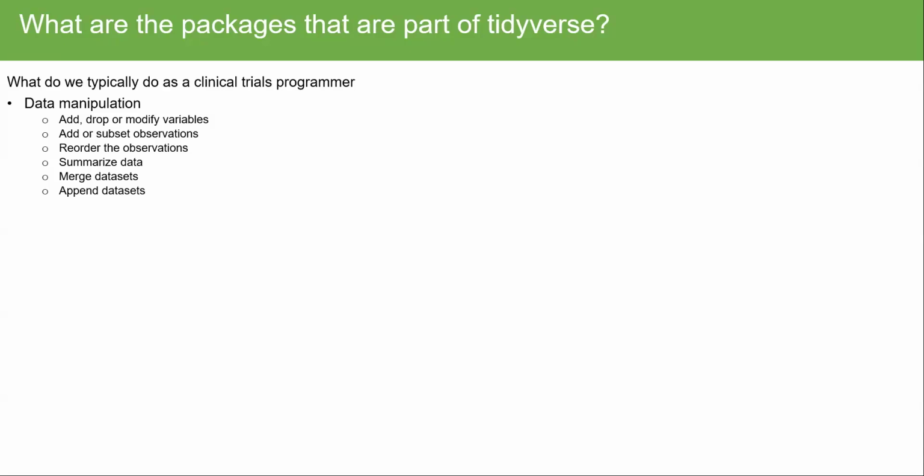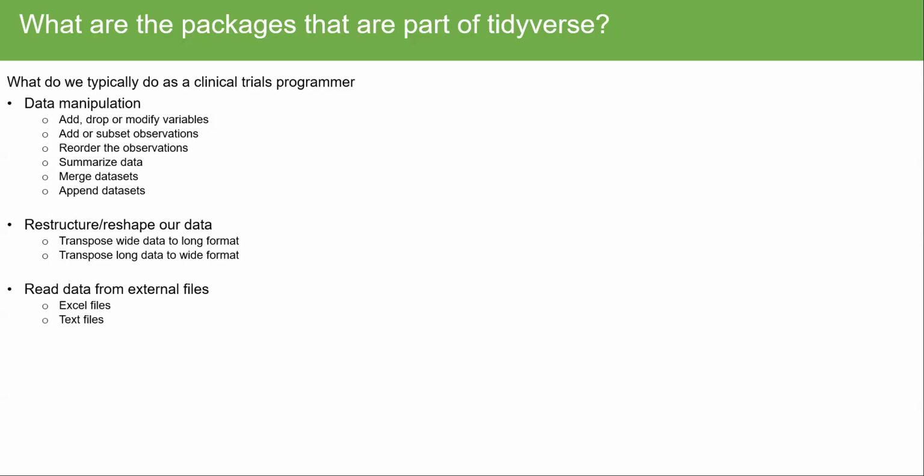As part of our regular day-to-day activities, we also subset observations. We reorder the observations. We generate summary of the data. We have to merge our data sets and append the data sets as well. And we also restructure or reshape our data. So it could be transposing the data from wide format to long format or long format to wide format.